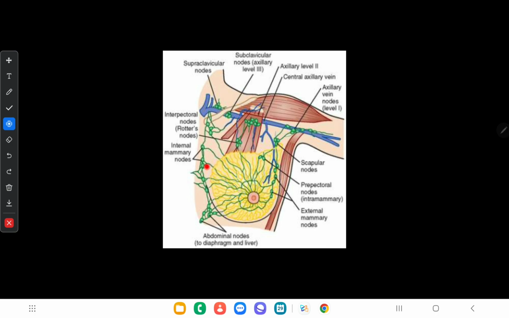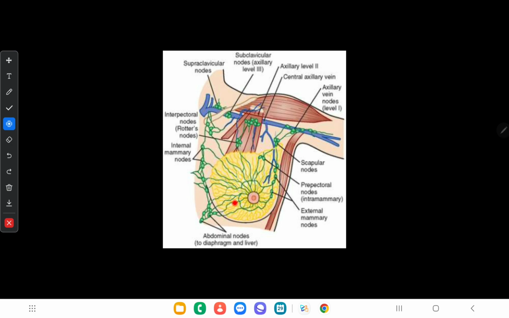The breast can also be divided into 4 parts or 4 quadrants: upper lateral quadrant, lower lateral quadrant, upper medial quadrant and lower medial quadrant.